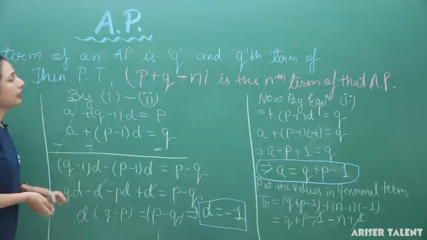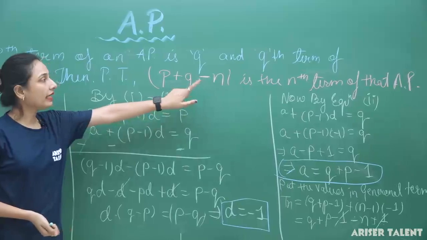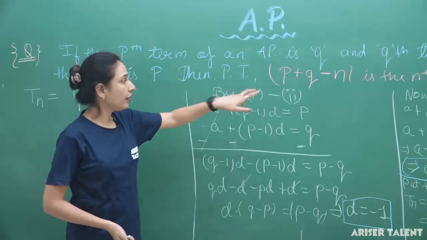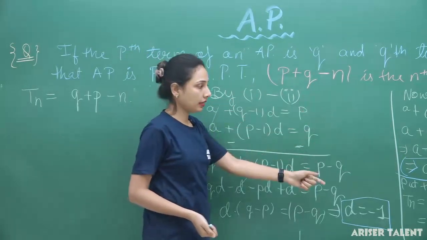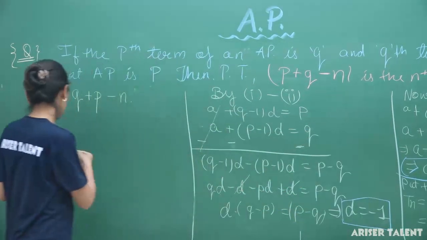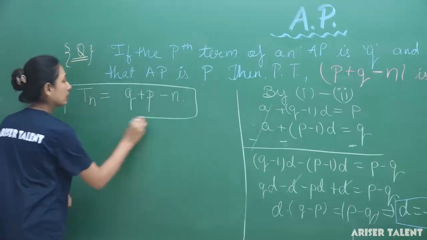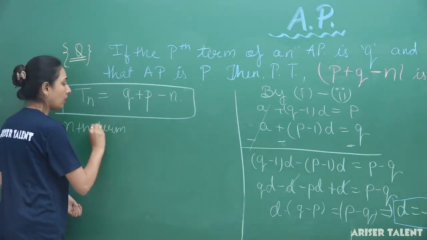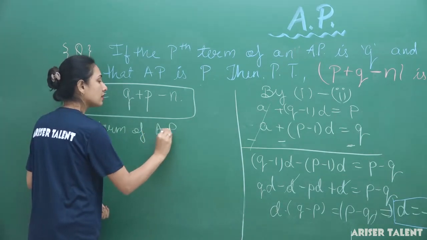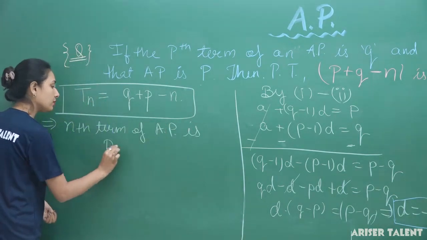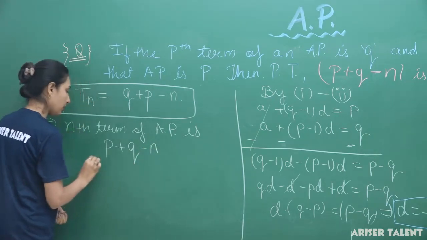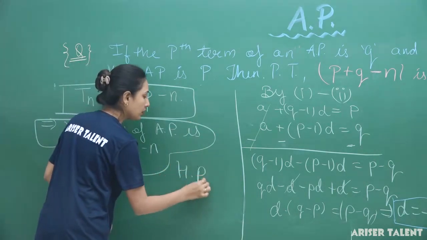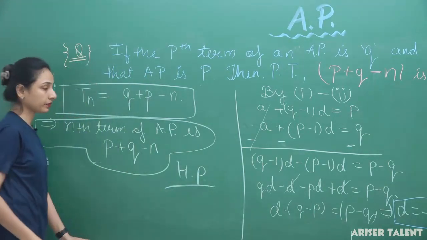So what you have to prove is that the nth term of this AP will be P plus Q minus N. So here it is proven: the nth term of the AP is P plus Q minus N. It's proved. Note this.